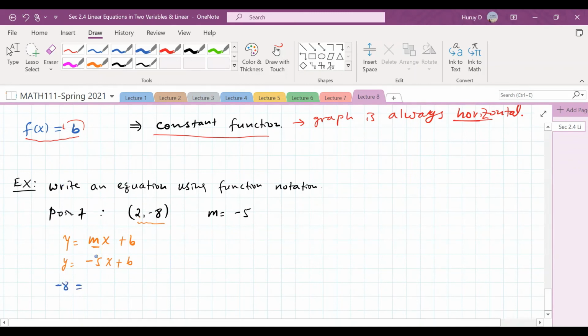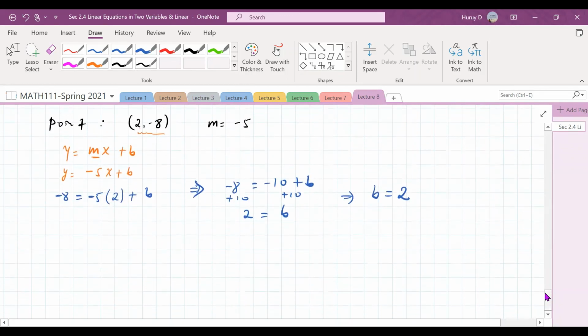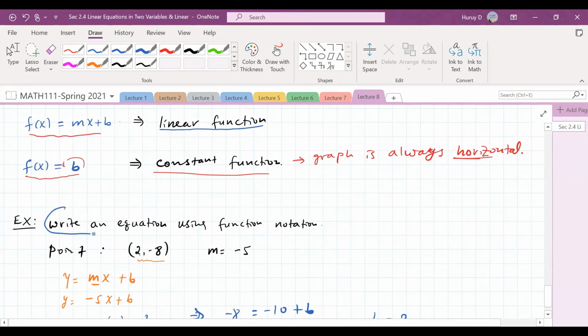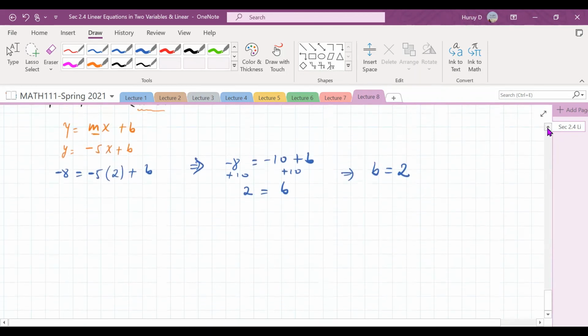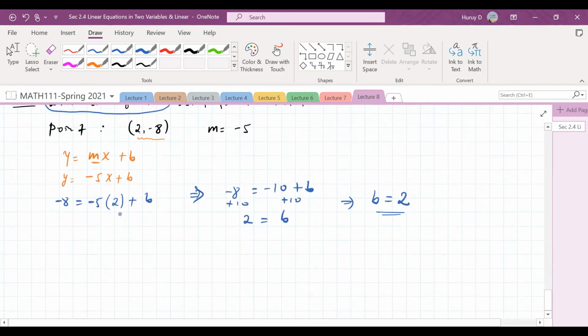-8 equals -5 times 2 plus b, so -8 equals -10 plus b, and add 10 on both sides. Here we get 2, and here we get b. Therefore, b is 2. Okay, so the question is to write the equation using function notation, right? Now, the slope is given, it's -5, and I solved for b.